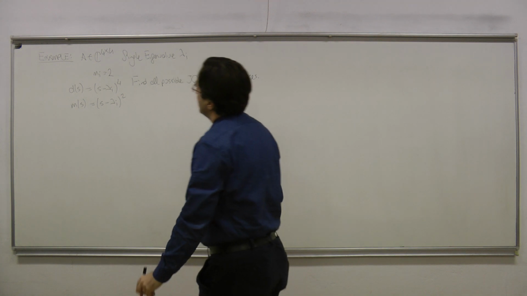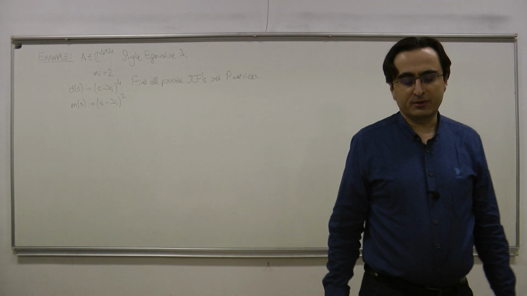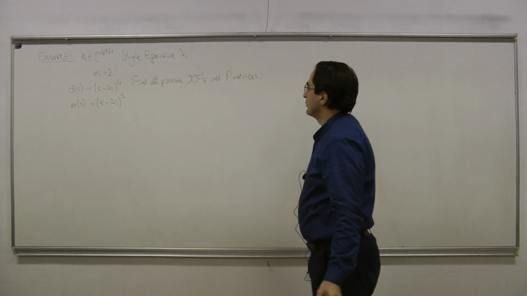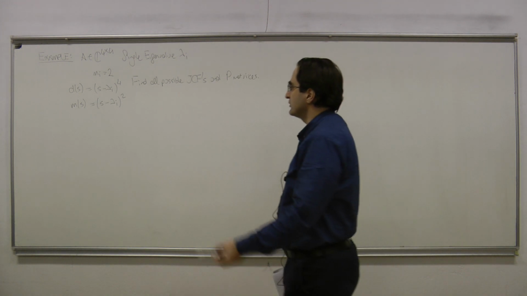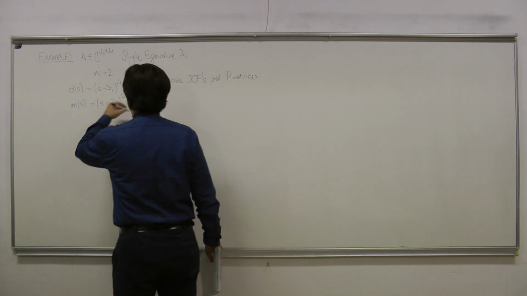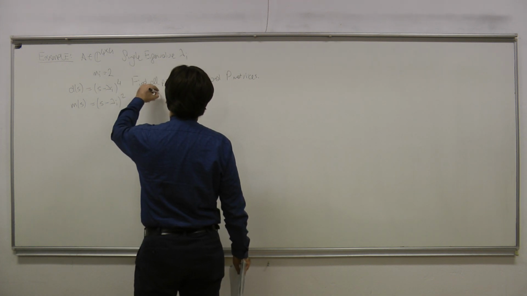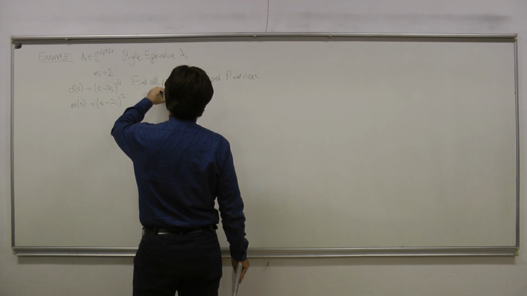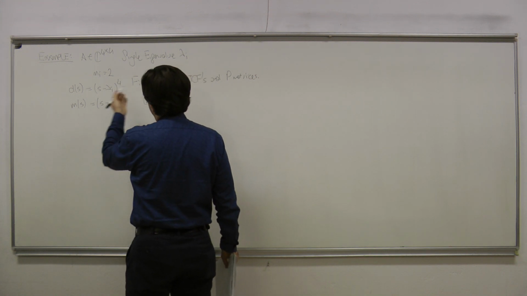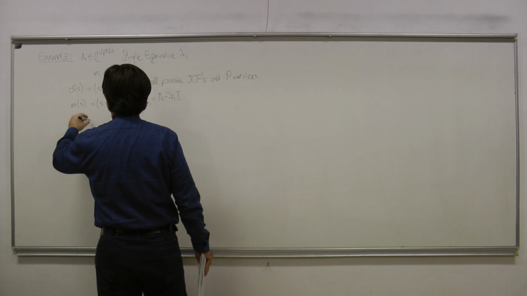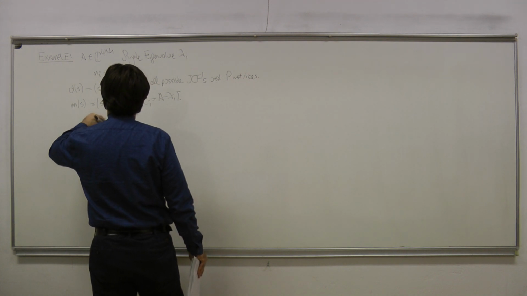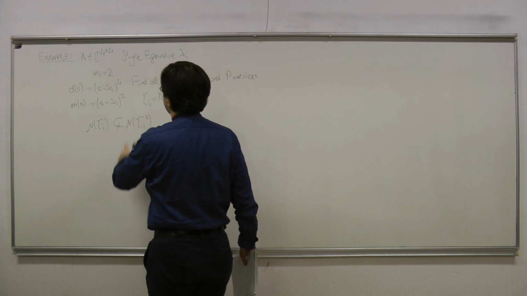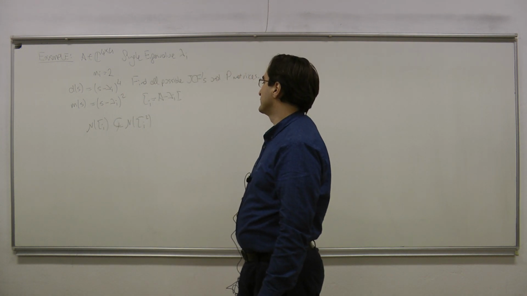In this case, we have solved the first part of this question. You need to find all possible Jordan canonical forms, and it was just like this. Let sigma_i be equal to A minus lambda_i identity, and we know that we have the null space of sigma_i and the null space of sigma_i squared, and this is my largest null space.